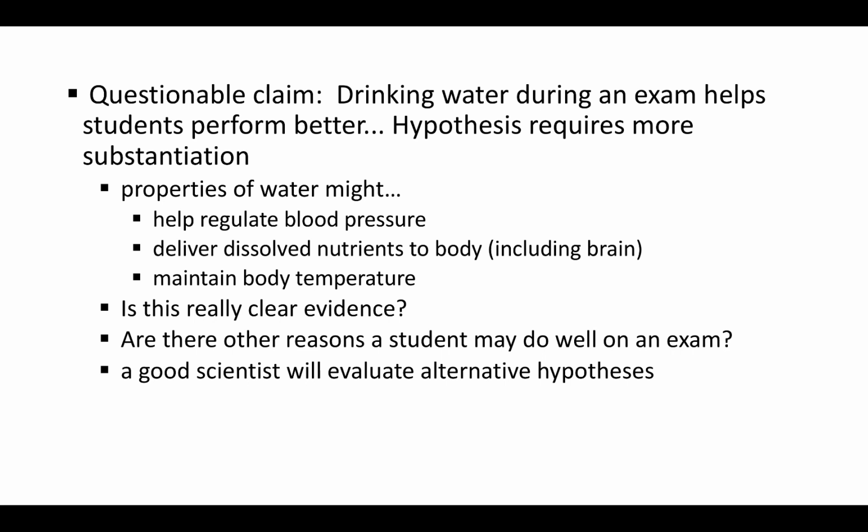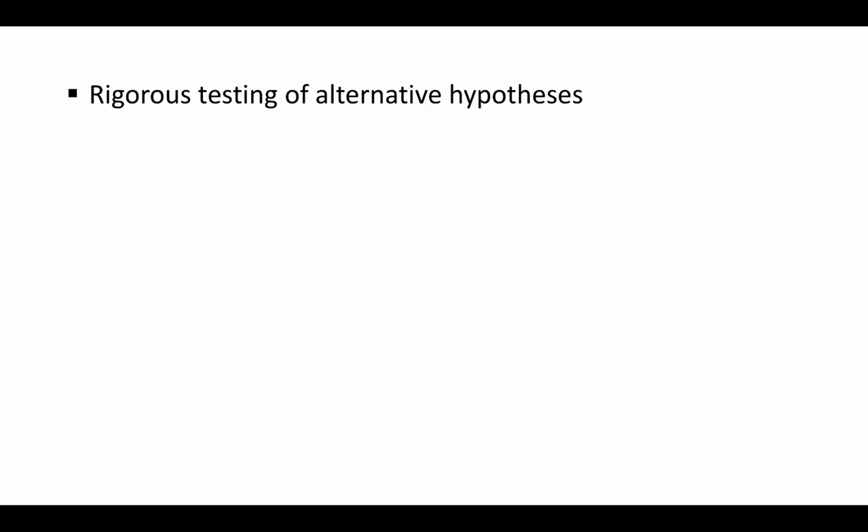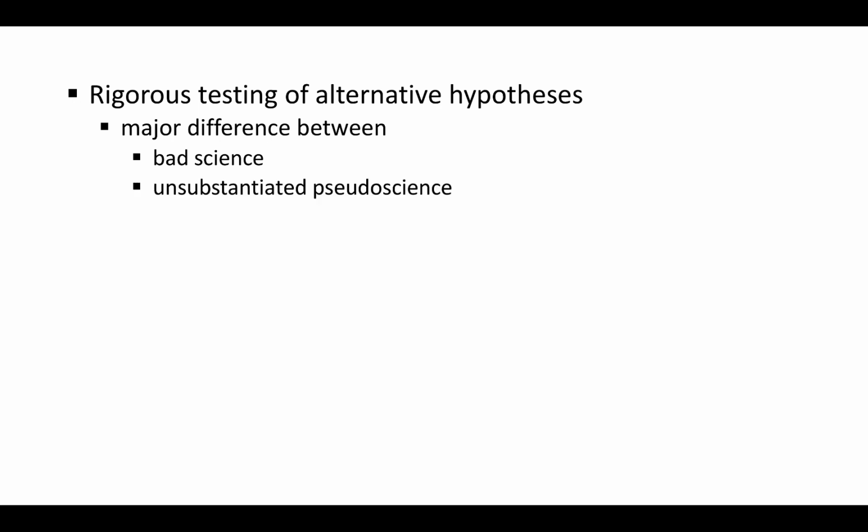So a good scientist will always evaluate alternative hypotheses. You always want rigorous testing of your alternative hypotheses. That's really the major difference between bad science, excuse me, having a hard time talking today, unsubstantiated pseudoscience, and then good science.